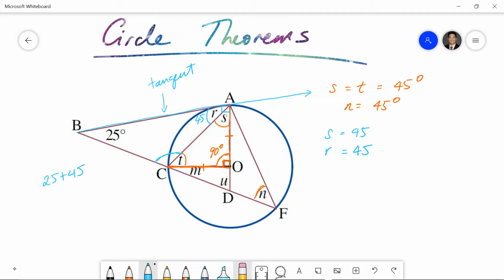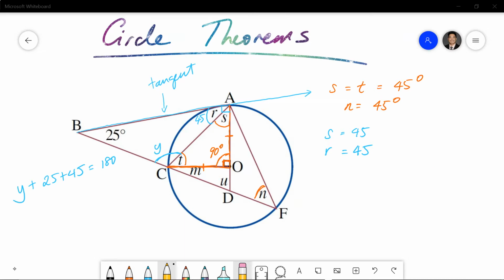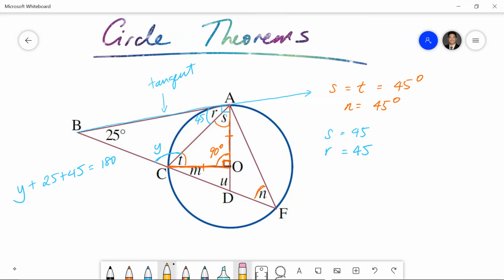25 plus 45 plus whatever, let's make this angle Y. That needs to add up to 180 degrees because we have a triangle here. What we'll have is Y is going to equal 110 degrees. 25 plus 45 is 70, so the remainder is 110.